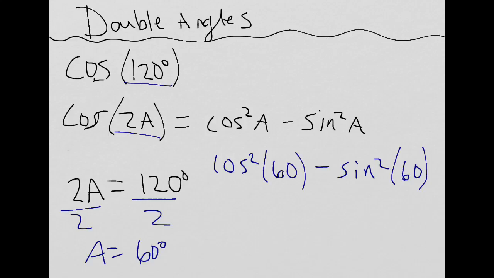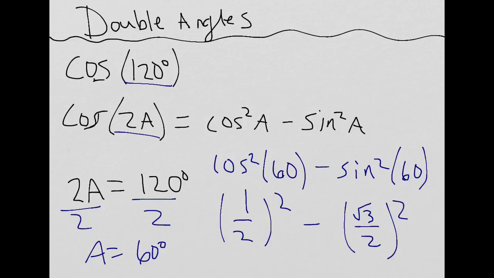So, what is the cosine of 60 degrees? It is 1/2.